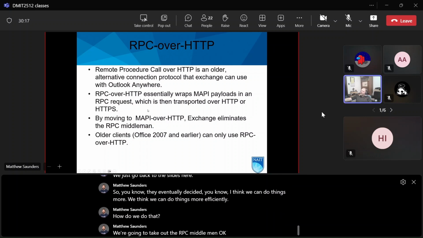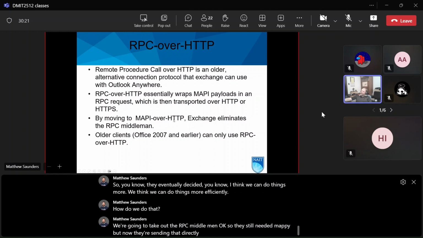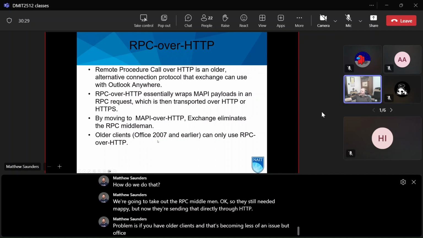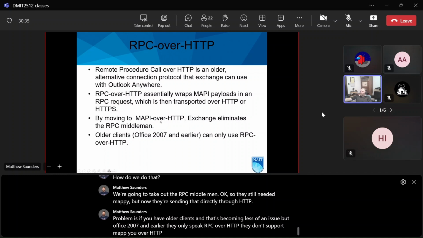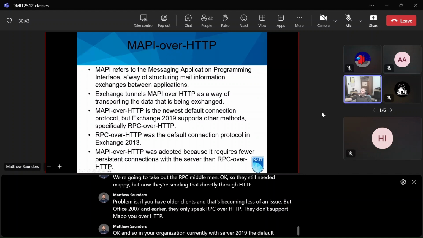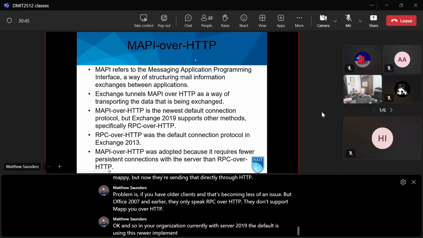So they still needed MAPI, but now they're sending that directly through HTTP. The problem is older clients, and that's becoming less of an issue, but Office 2007 and earlier only speak RPC over HTTP. They don't support MAPI over HTTP. In your organization currently with Server 2019, the default is this newer implementation.